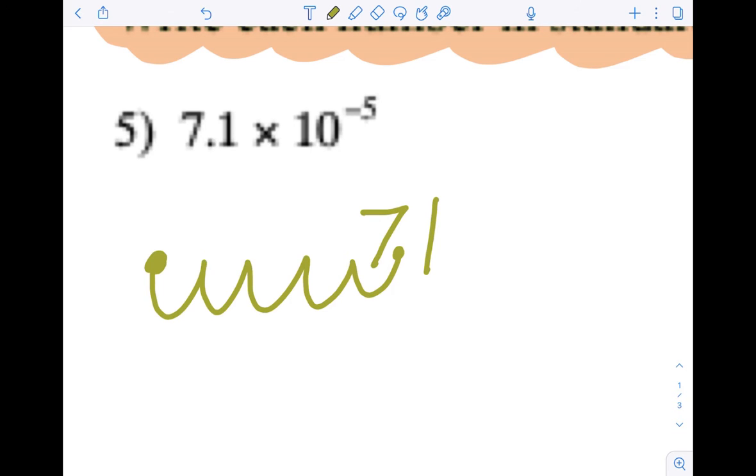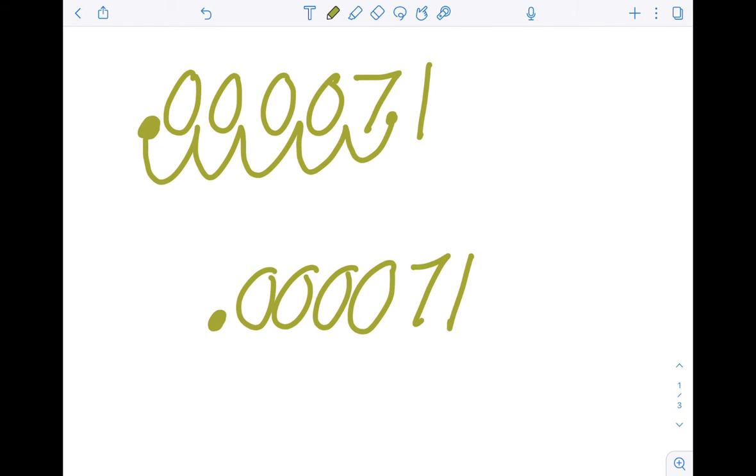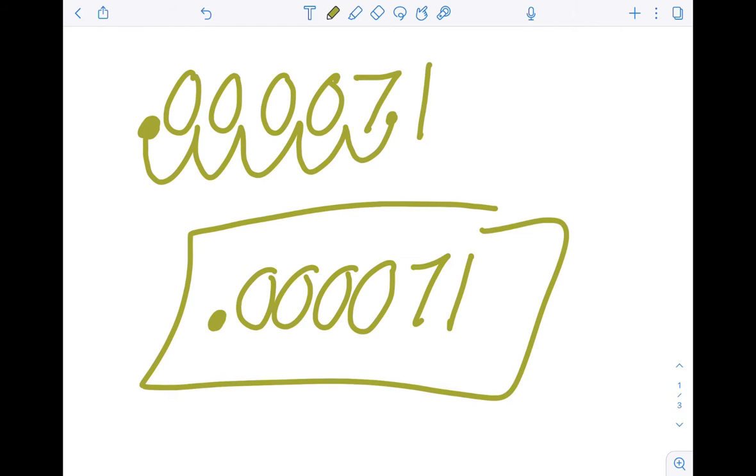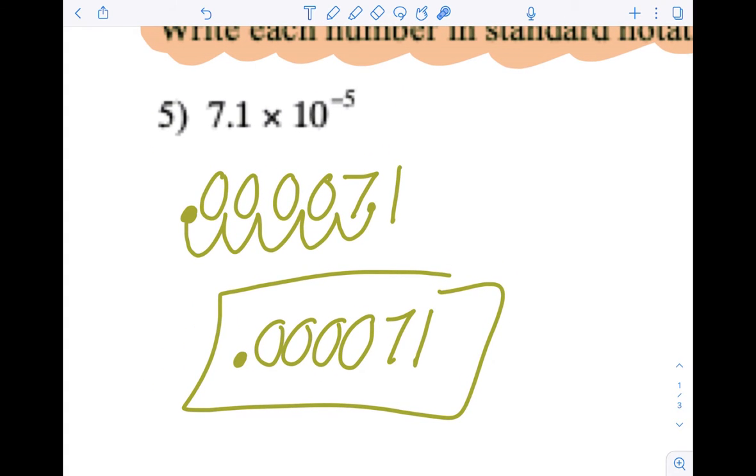And in between all my jumps I put zeros, of course. My final solution is 0.000071. Remember, the decimal is no longer here, and I moved to the left 5 times.